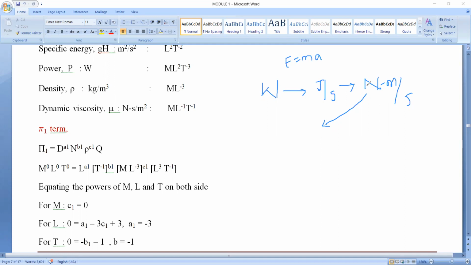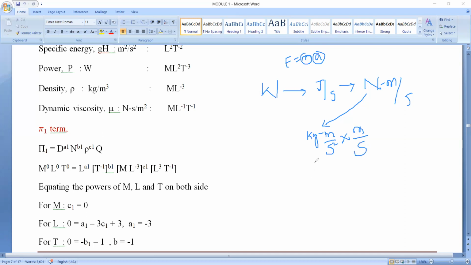So the unit of force is newton. So newton can be written as, for mass we have kg, and for acceleration we have meter per second square. So the newton can be written as kg meter per second square, into meter by second as it is.